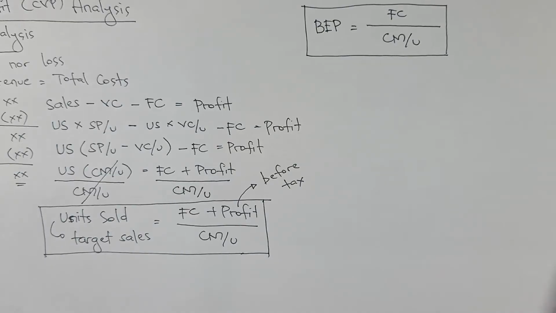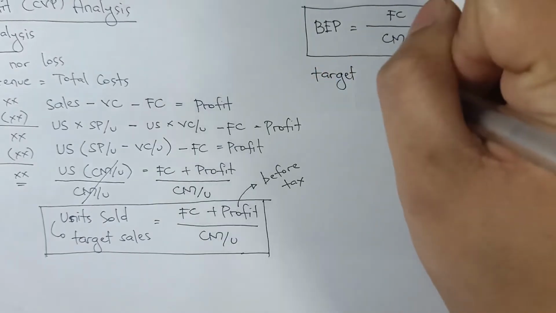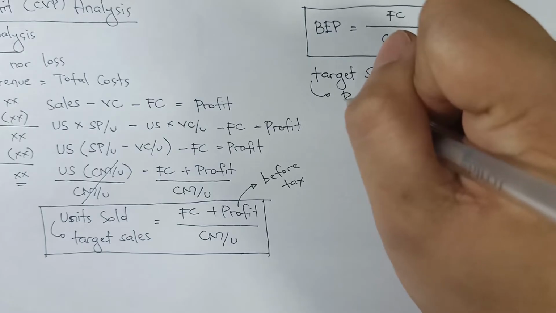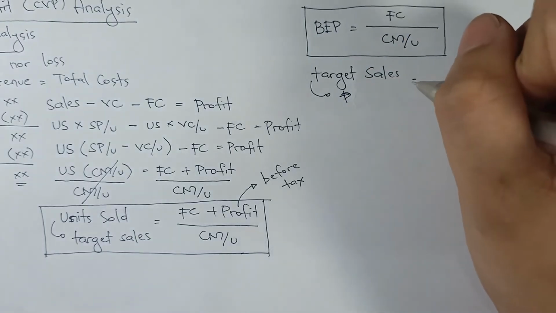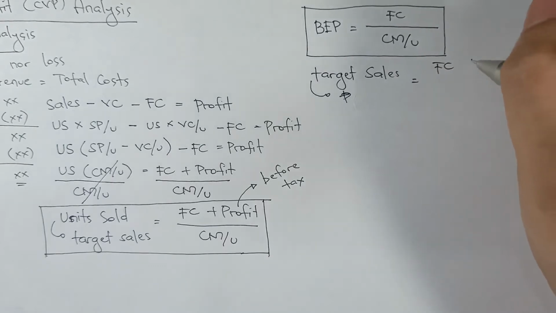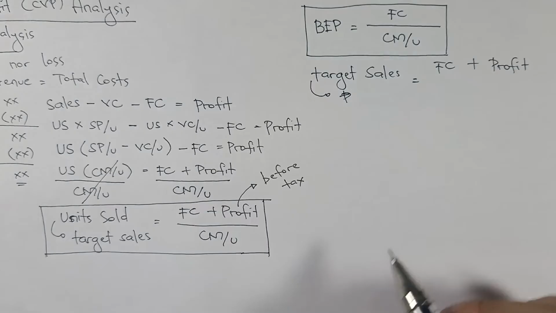Okay na? Ngayon ganito, what if ang gusto nating malaman is not the number of units or yung target sales in units, but rather, ang gusto nating malaman is the target sales natin in terms of peso amount. If that will be the case, asahan mo that the computation will just be the same. That's the fixed cost plus the profit na of course always before tax.